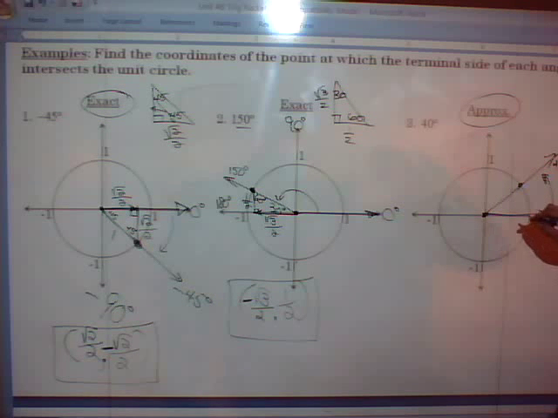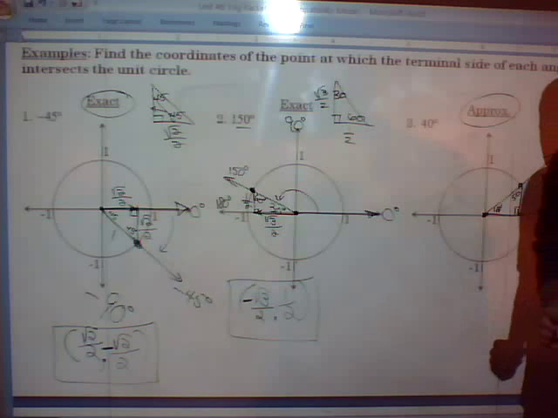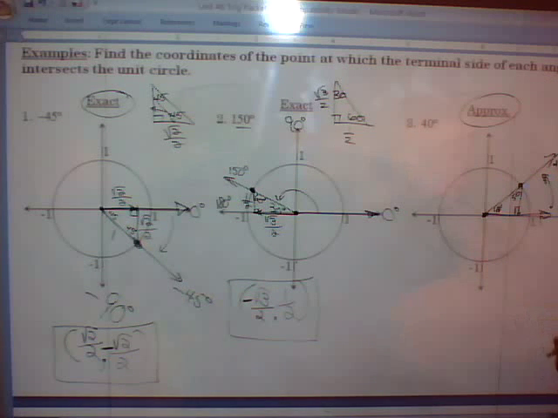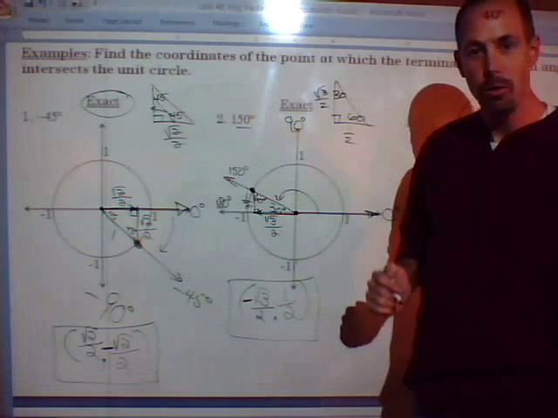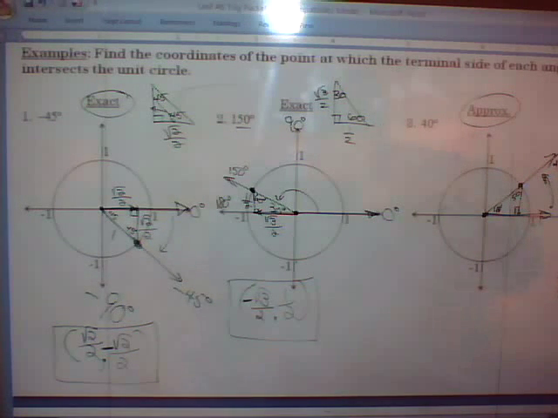But we have a slight problem here, because if we draw our triangle here, this is 40, 90, 50. And 40, 90, 50 is not a special right triangle. So in this case, we need to use something else, because we can't use 30, 60, 90, can't use 45, 45, 90. So we have to use something else.